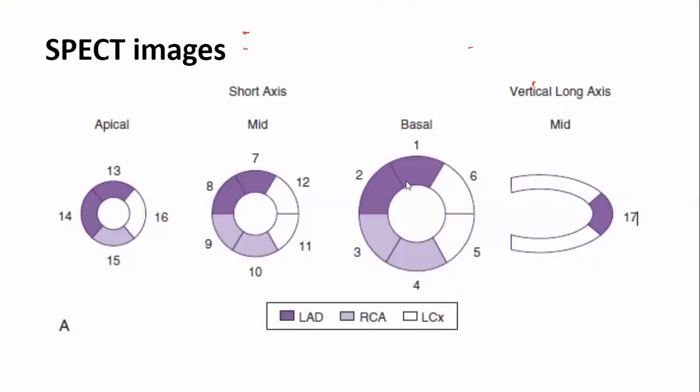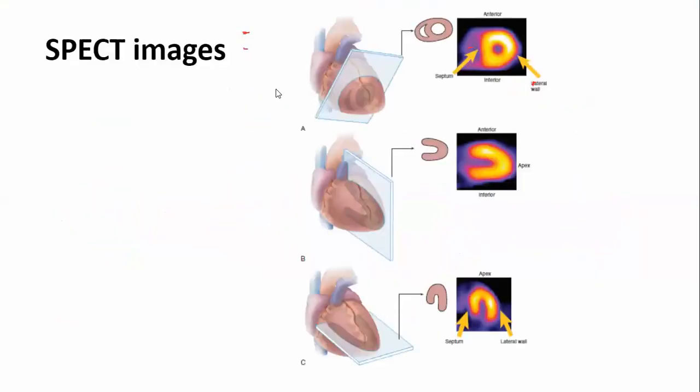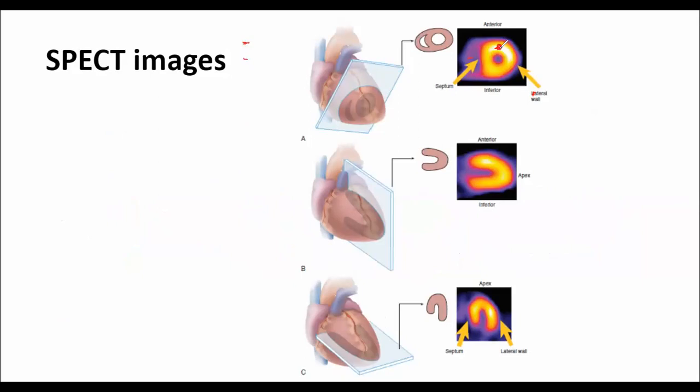Okay, everyone. And with these, the other ones, if you see a defect in the anterior segment, then this vertical long axis also has anterior, inferior, and apical parts. If that defect is present in the anterior segment, that has to be shown here as well, in the other plane.